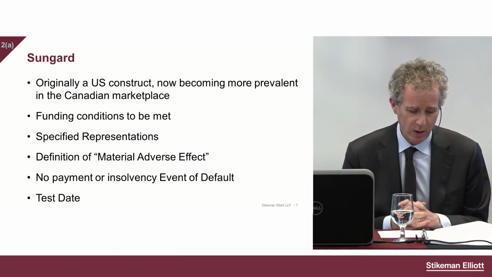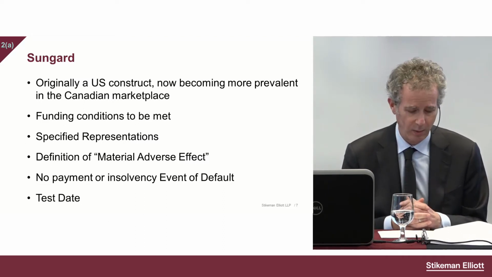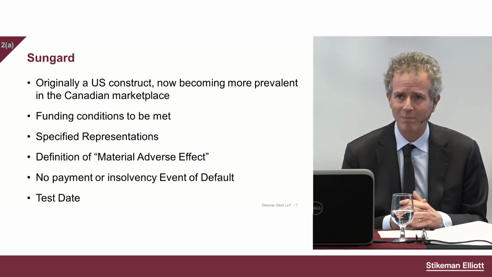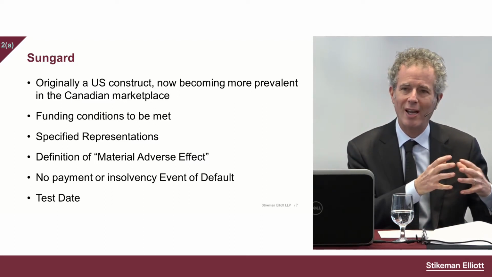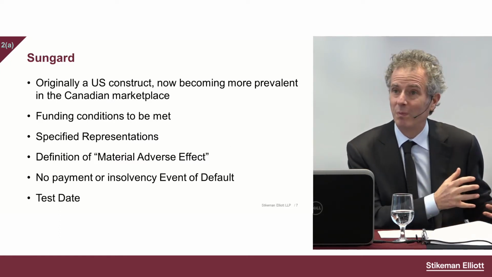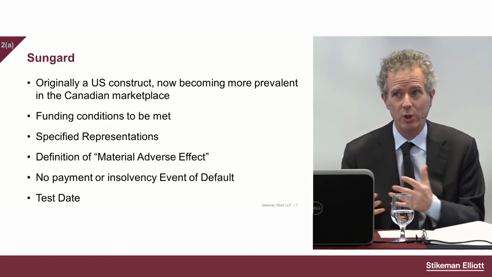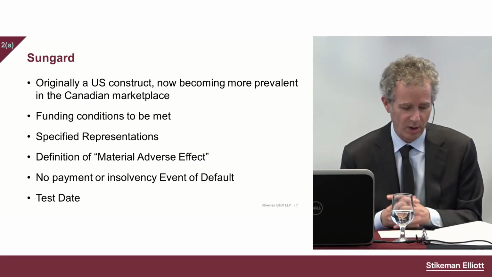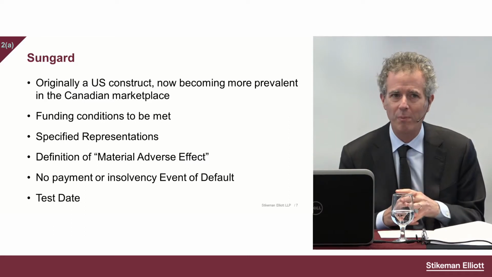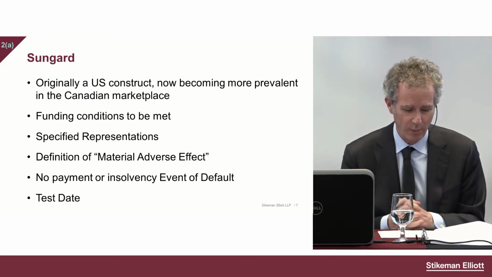So we talked about this, or I referenced the specified representations earlier, and really these are specified representations of, let's call it, the purchaser and its existing subsidiaries. Again, as I said, things that they control or should know will be true at the time of closing. The legal existence of, I'll call them, the existing loan parties.